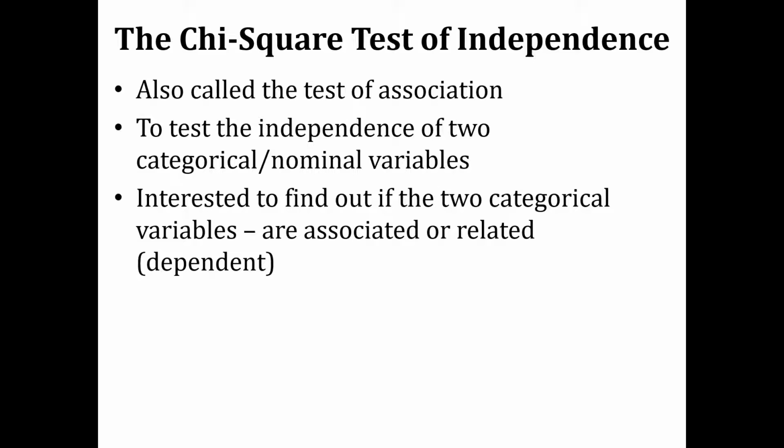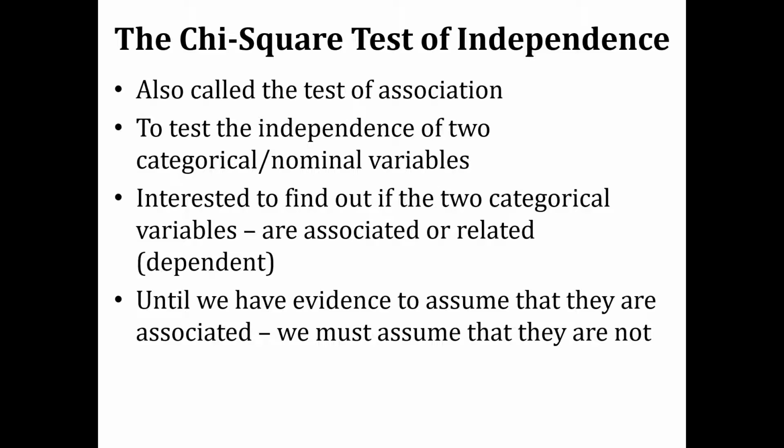If you are interested to find out if two categorical or nominal variables are associated or related, which means they are dependent on each other or independent of each other, we can test that through the chi-square test of independence. Until we have evidence to assume that they are associated, we must assume that they are not. This is the basis of the null hypothesis: we assume that they are not associated with each other, they are independent of each other.